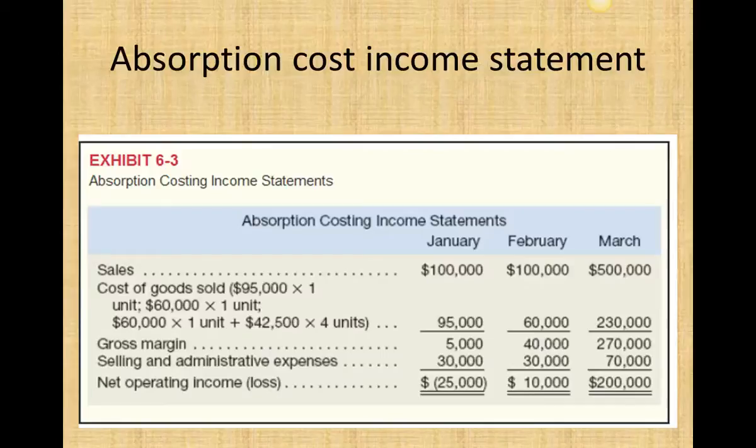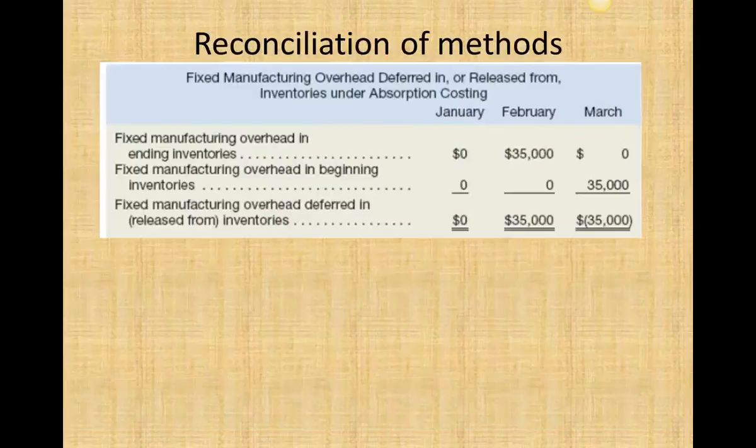And so notice that the cost of goods sold is determined by the product cost times the number of units sold for that period. And notice finally that the net operating income for the months of January, February, March are different than the reported net operating income on the internal contribution margin income statement format.